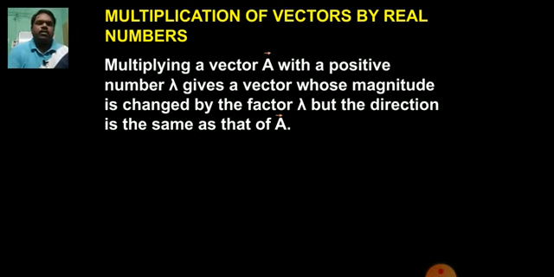So in this there are two conditions. See, condition number 1, that is, you may say case number 1, multiplying a vector with a positive number, say lambda, gives a vector whose magnitude is changed, but the direction is the same as that of vector A. Means when we multiply a vector quantity with a positive number, then the magnitude of that vector will change, but the direction of the same vector will not change.